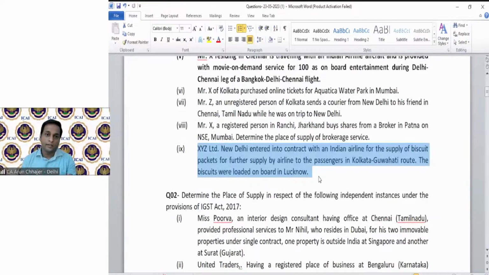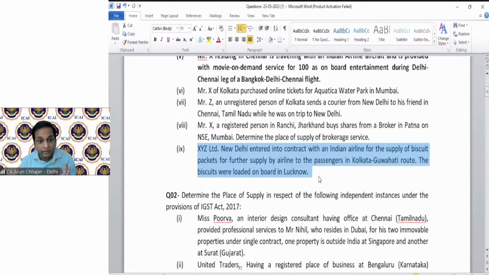Now, can you please help me to analyze this problem? Not simply you need to give the answer of what would be the place of supply. I would expect from each one of you that kindly analyze why the place of the supply, whatever answer you give. Will it be Calcutta?